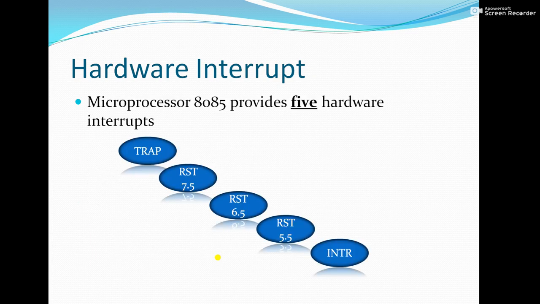Now, this microprocessor 8085 provides 5 hardware interrupts. That is trap, RST 7.5, RST 6.5, RST 5.5 and finally INTR.